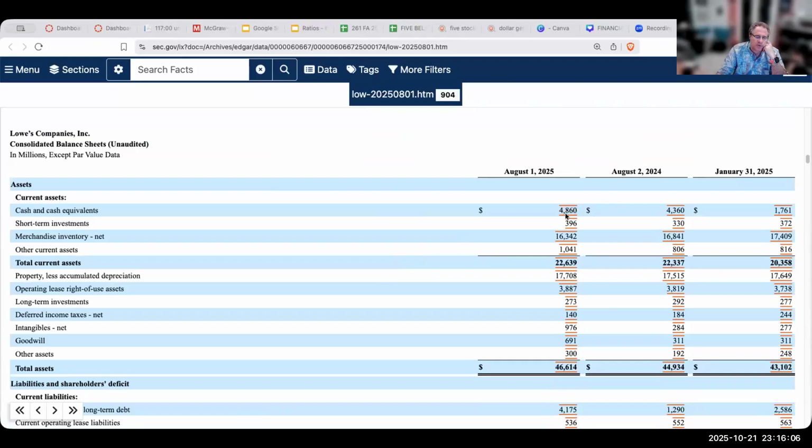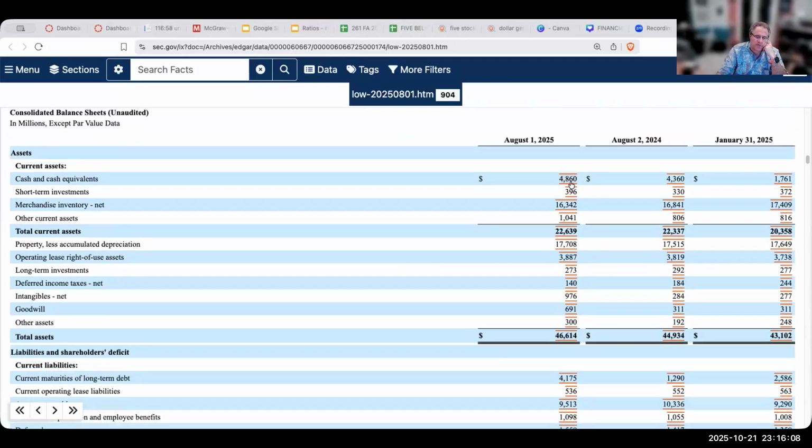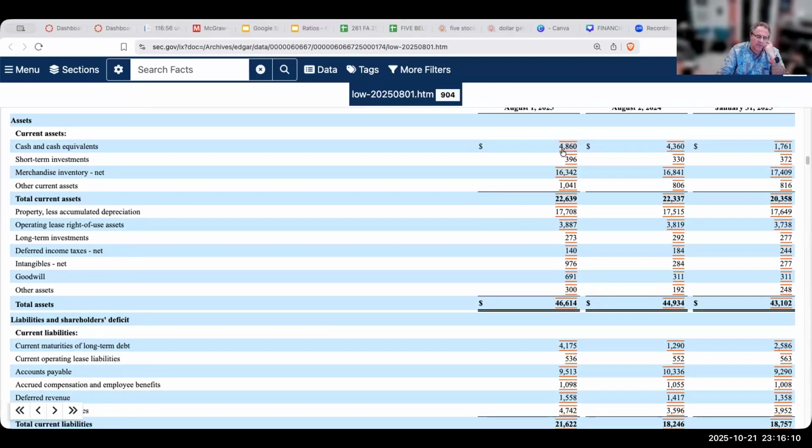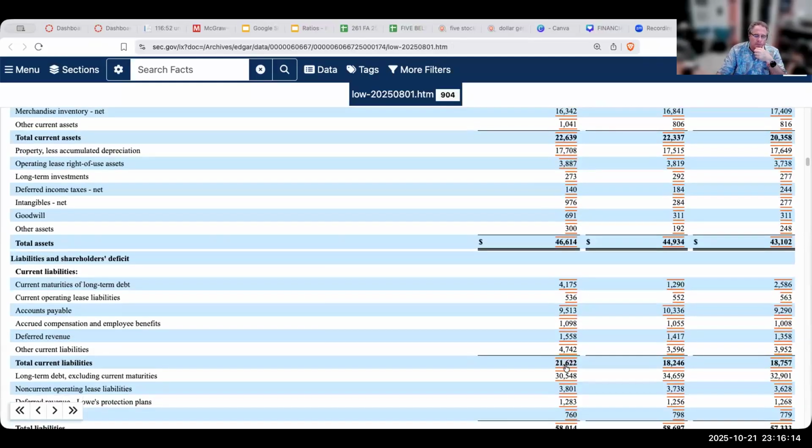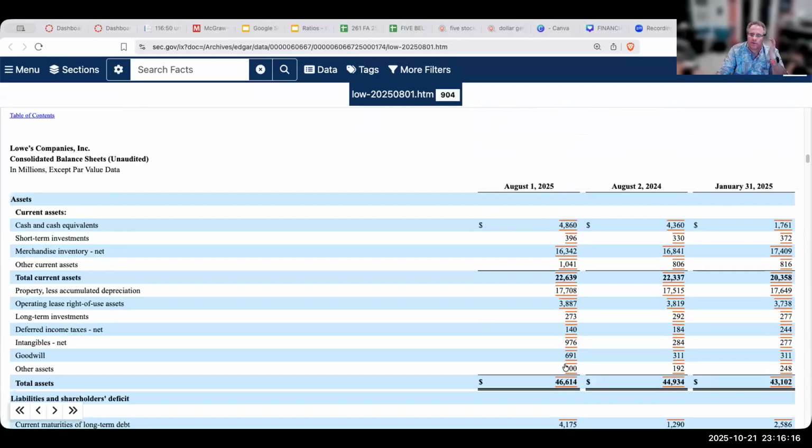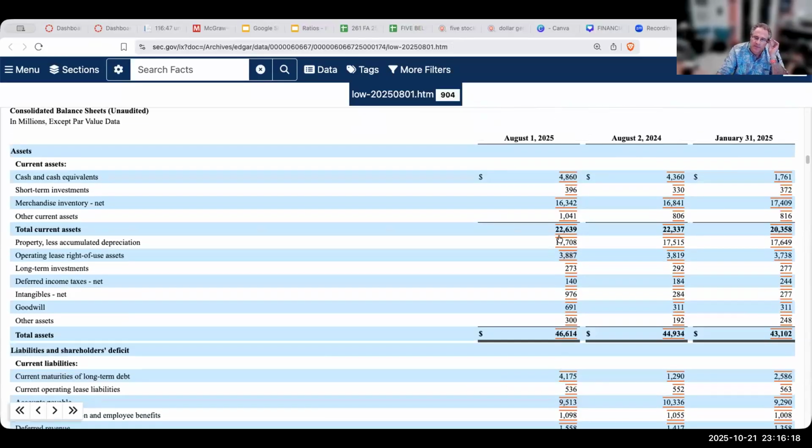The cash and cash equivalents for Lowe's is roughly about 4.8 billion, and their current liabilities are about 21 billion. So their cash position seems to be getting a little bit interesting.